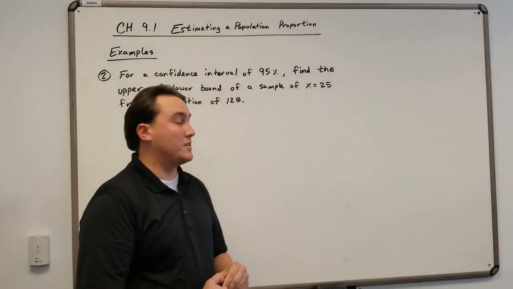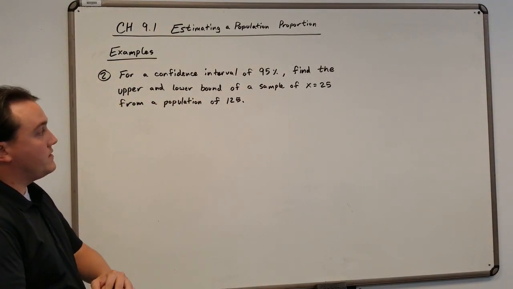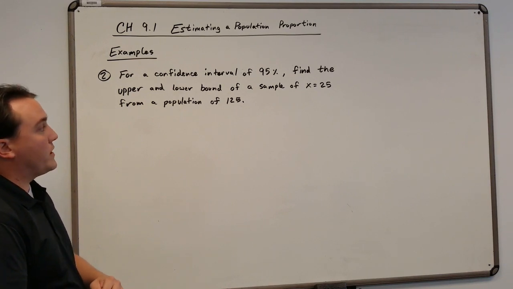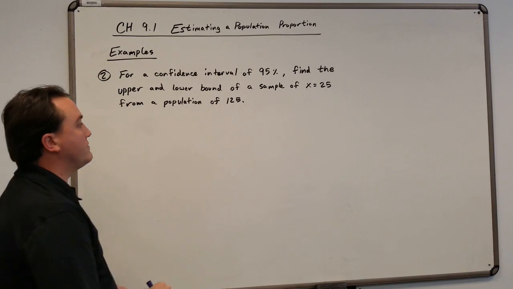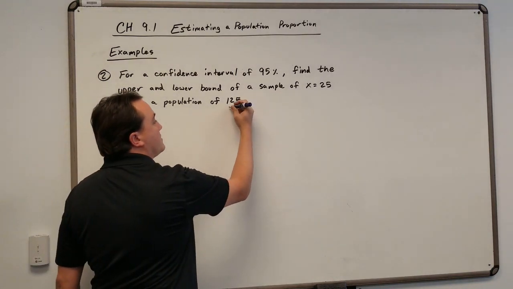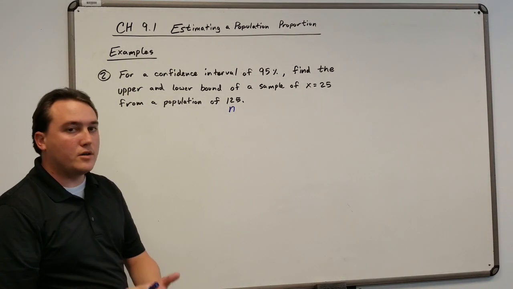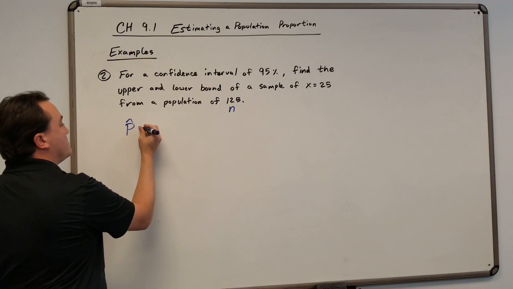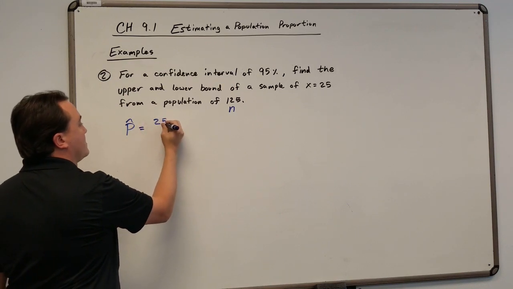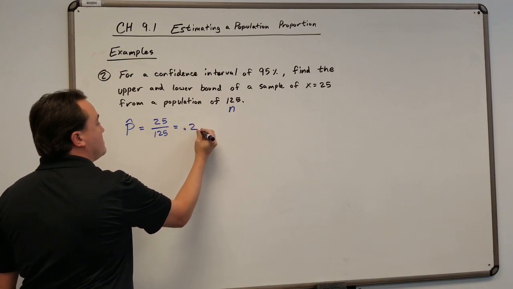Okay, so another example. For a confidence interval of 95%, find the upper and lower bound of the sample of x equals 25 from a population of 125, where this is n. Okay, so right away we're given x and n, so you know you can find your population proportion p. That's just 25 divided by 125 is 0.2.